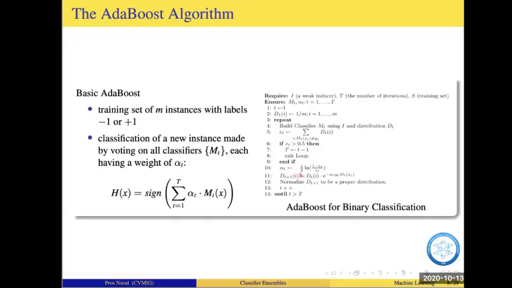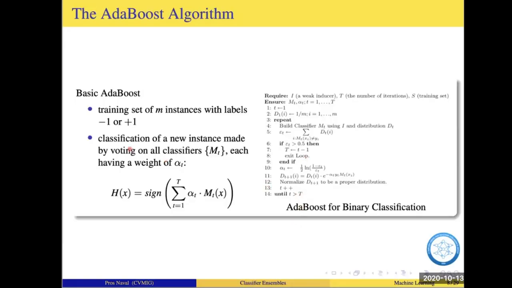You compute alpha, which is this formula, and then you change the distribution according to this formula, and then you normalize your distribution vector to be a proper distribution, and you keep on iterating until you reach big T, so that at the end you have T different classifiers.